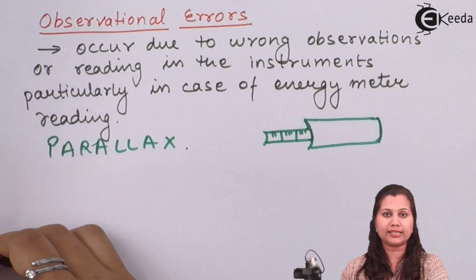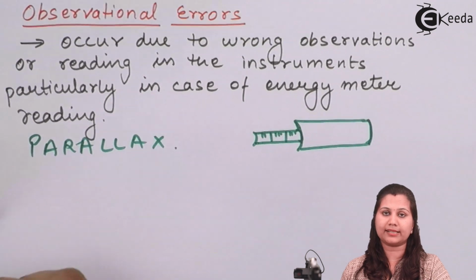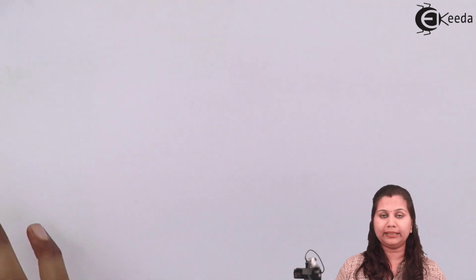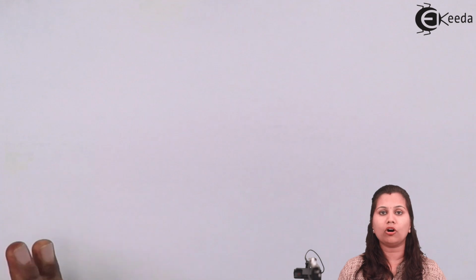So these are the three types of systematic errors, that is the instrumental, environmental and observational errors. Next type of error is the random errors.